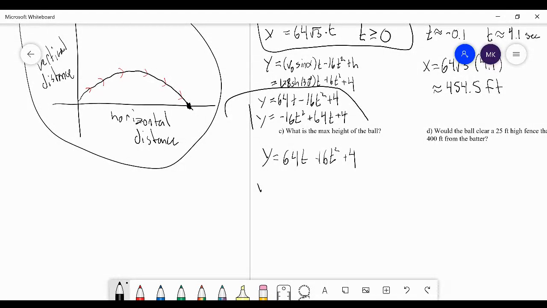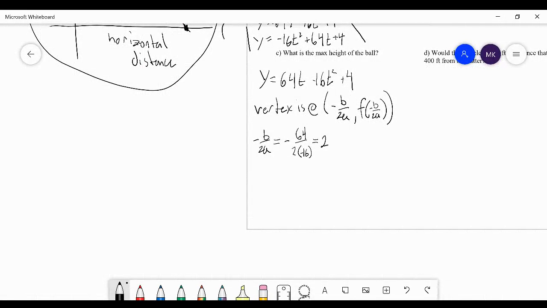We remember that the vertex is at the point negative b over 2a, f of negative b over 2a. So negative b over 2a is negative 64 over 2 times negative 16, and that is 2.